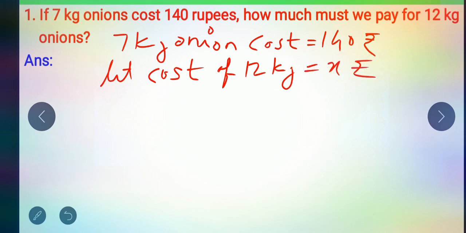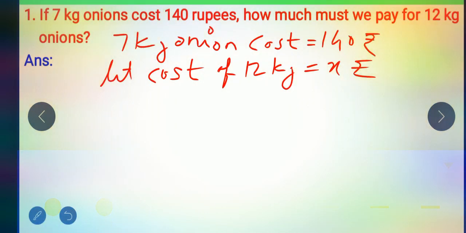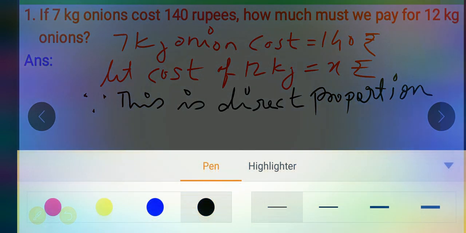I'll assume it x rupees, students. Now as I told you, since this is direct proportion, here the ratio will be equal, students.